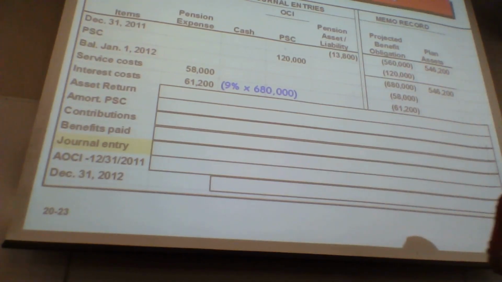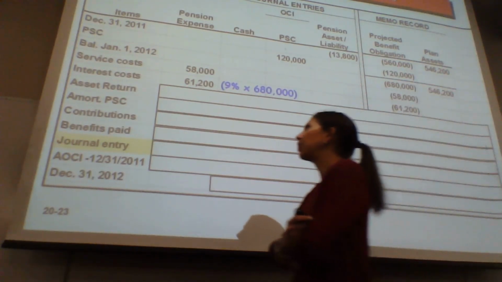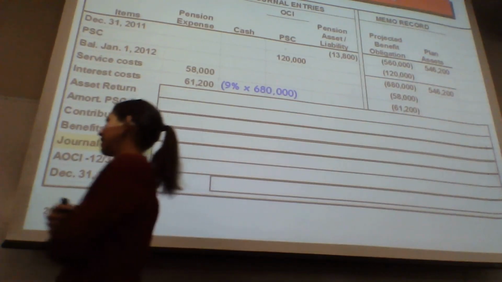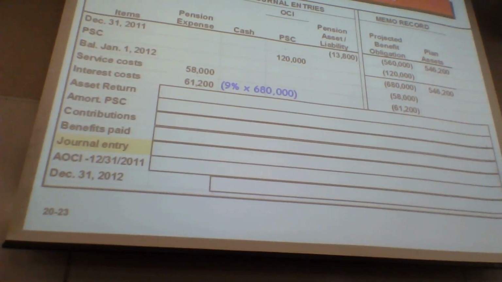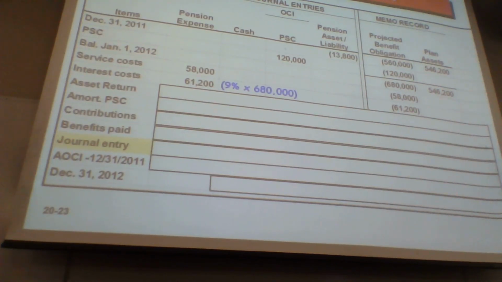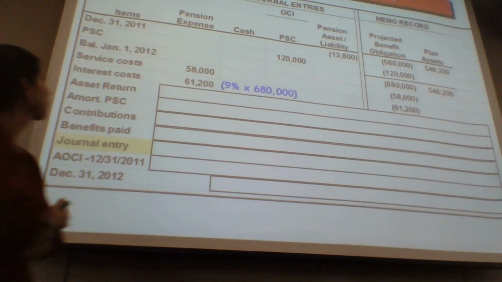Okay, that increases pension expense, and that increases our obligation or our liability. The next line is the return on our plan assets. Okay, so here we use the 9%. So the plan assets return, I guess is 52,280. Is that right? Yeah, I think it's 52,280. So where's that going to show up? Pension expense.